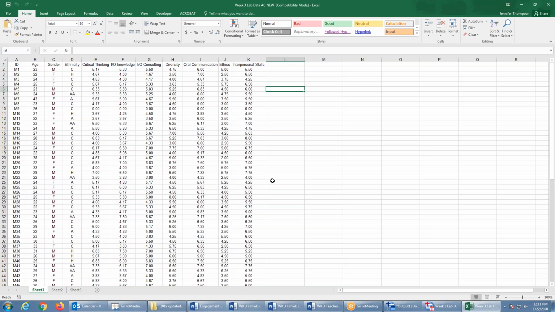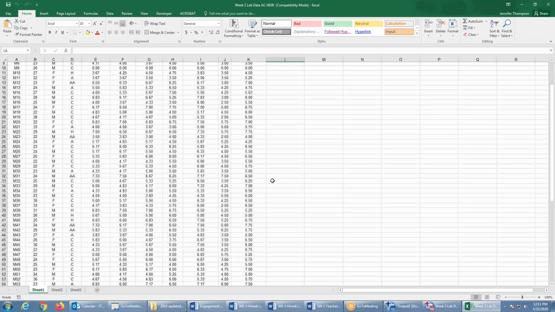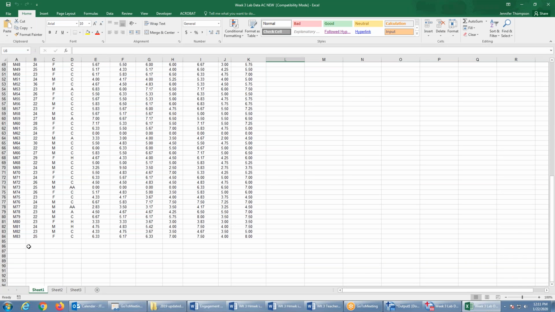Okay. So here it says to create mean, standard deviation, median, and mode rows at the bottom. So I'm just going to go to the bottom and type in mean, actually it should be standard deviation, median, mode.